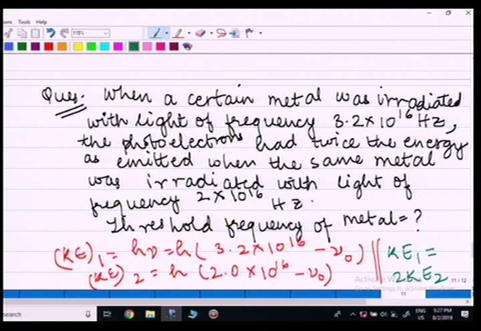Christokula, your answer is correct now. Shillong, Kohima, do we have an answer from you?